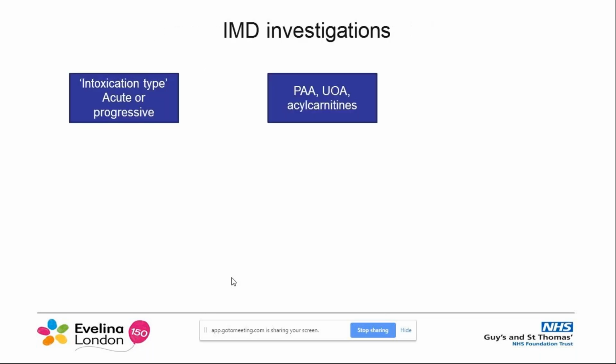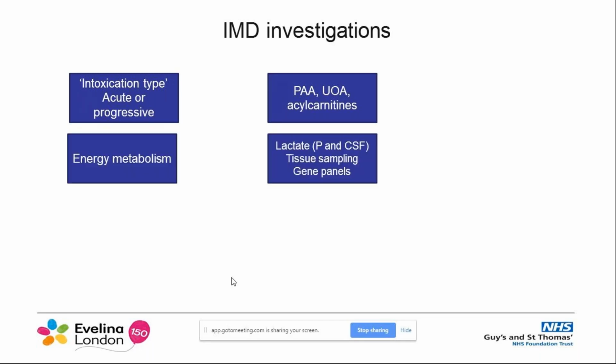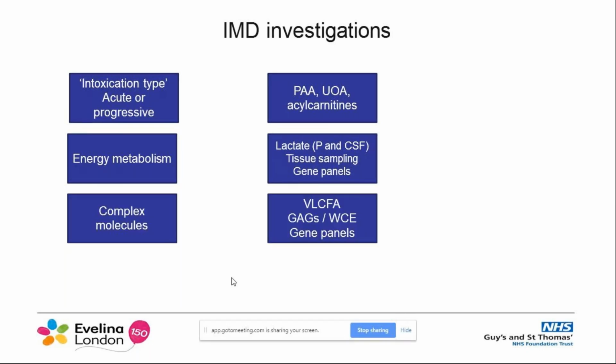So in brief, hopefully I've given you a summary. To look for intoxication type disorders, we would rely on those three common investigations we often ask you for. Disorders of energy metabolism, we may ask you for a plasma lactate along with a CSF lactate, may ask for muscle biopsy, but really relying on gene panels these days.